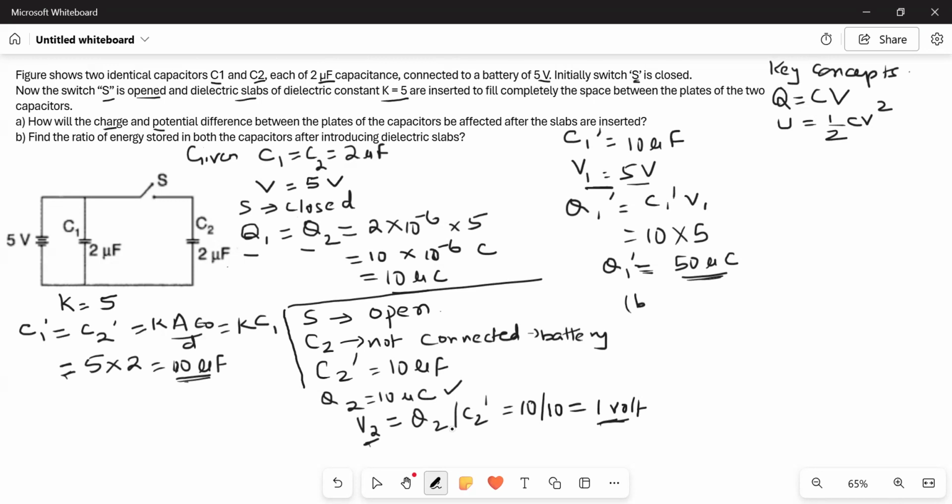Now, second subpart, what they are asking is, what is the ratio of the energy stored in both the capacitors after introducing the dielectric slab?